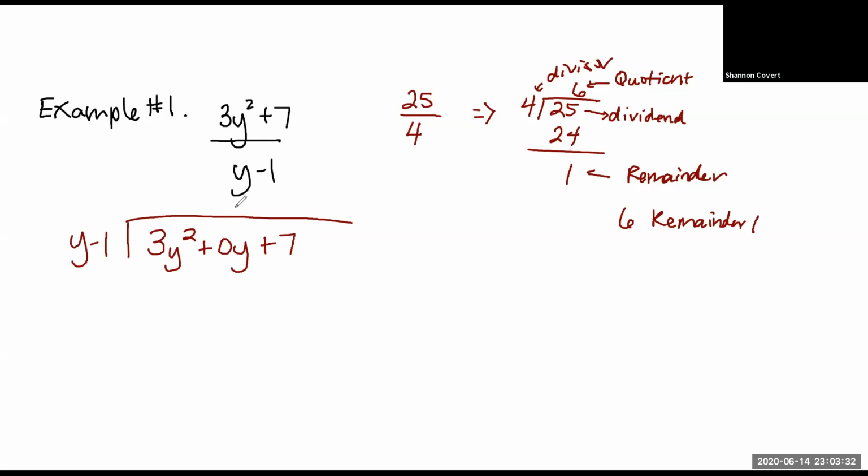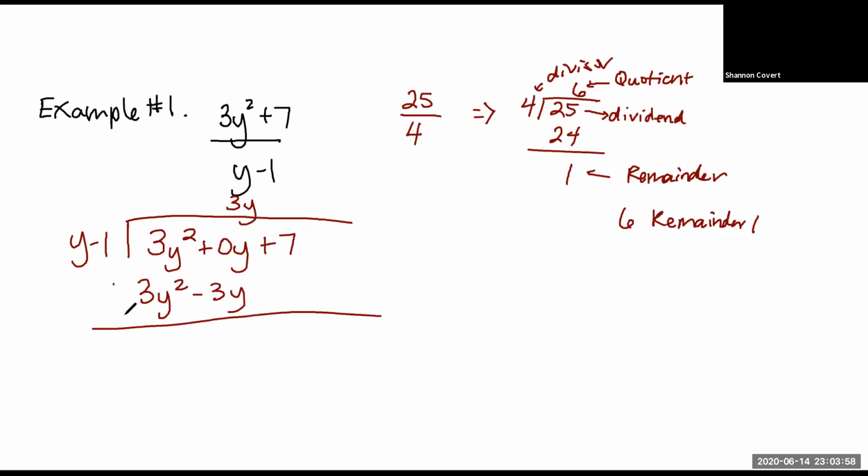And you are going to multiply. It's a little easier than doing division with long division because you want to make sure your first term matches exactly. Y times what is going to give me 3y squared? My answer to that is 3y. 3y times y is 3y squared. 3y times negative 1 is negative 3y.